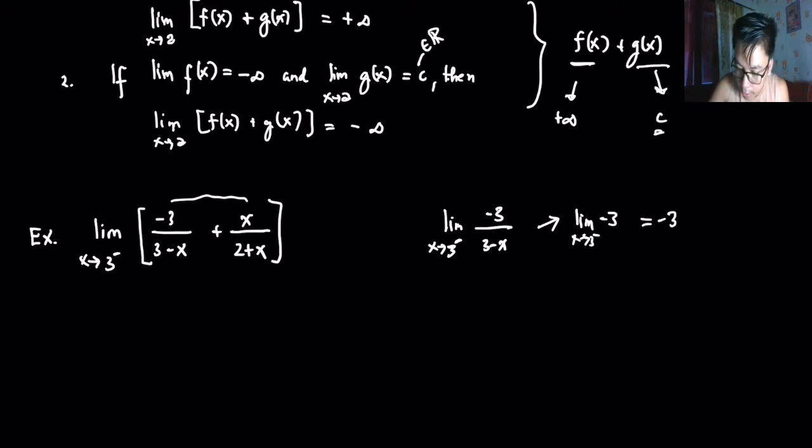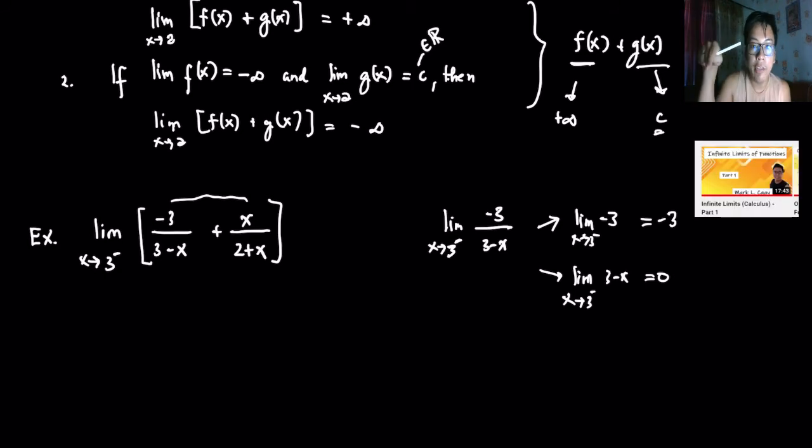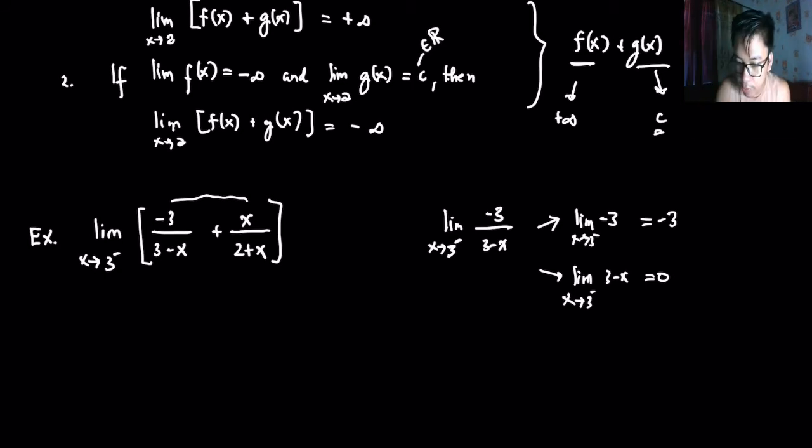And if I take the limit of 3 minus x as x approaches 3 from the left, this is 0. So by the previous theorem of the previous video, part 1, this qualifies for the 4 classifications of theorems. So you might want to check on that. I'll give you the thumbnail here. And this results to negative infinity.